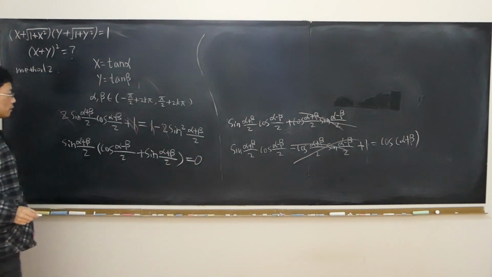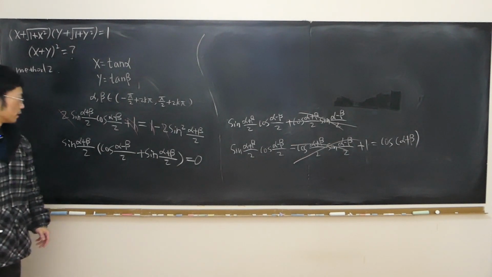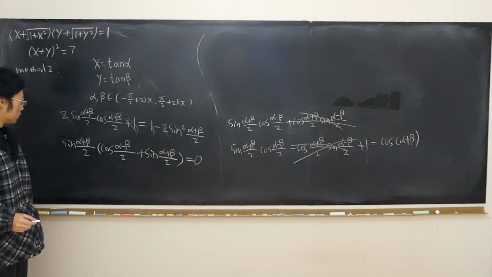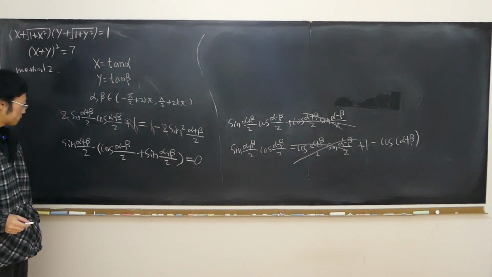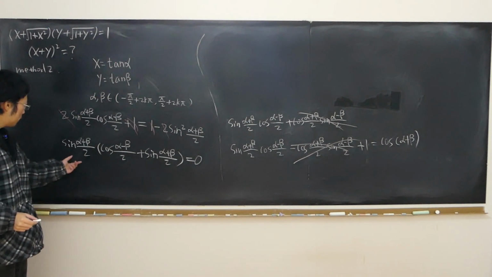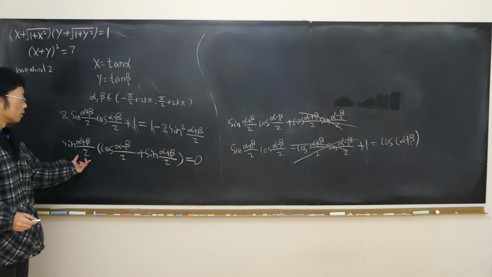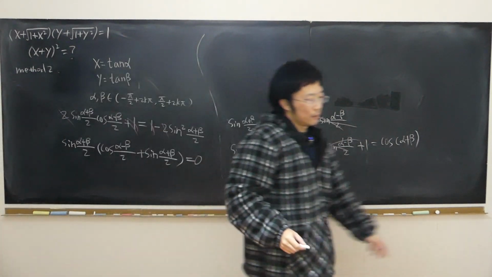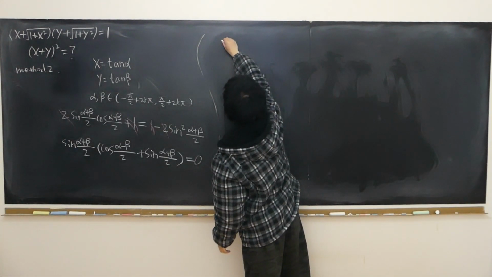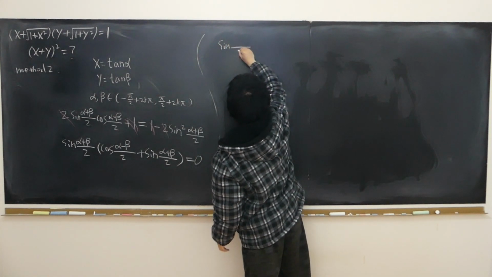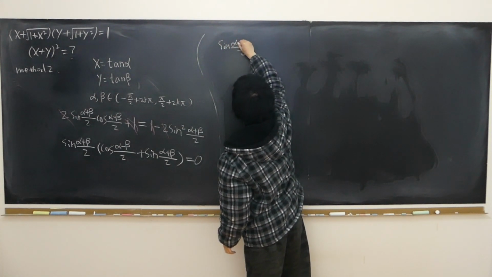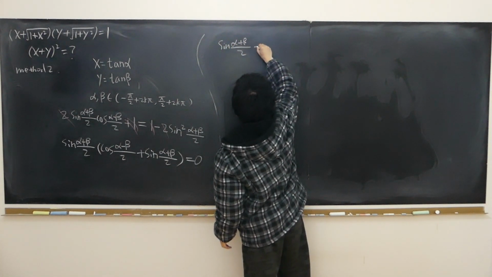Just like dealing with quadratic equations, we discuss different scenarios. Case number 1: sine half of alpha plus beta is 0.